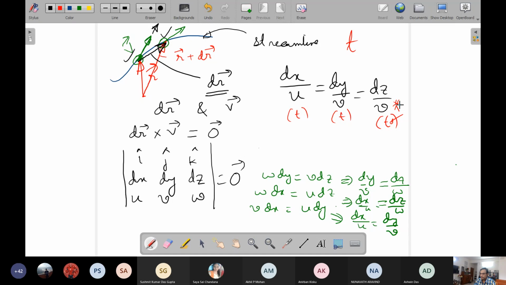So once this is known to be valid at a given instant of time, that is the concept of the so-called instantaneous streamline. So streamline by definition is instantaneous streamline. At different instants passing through the same point, you will get different streamlines if the velocity is a function of time.